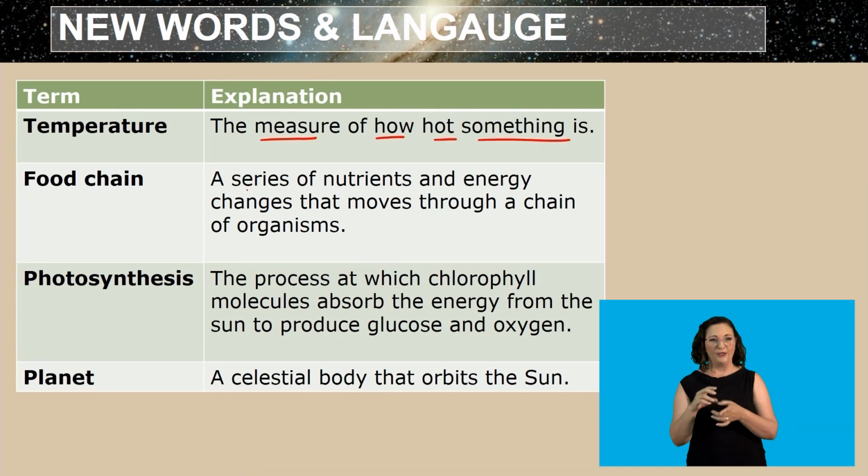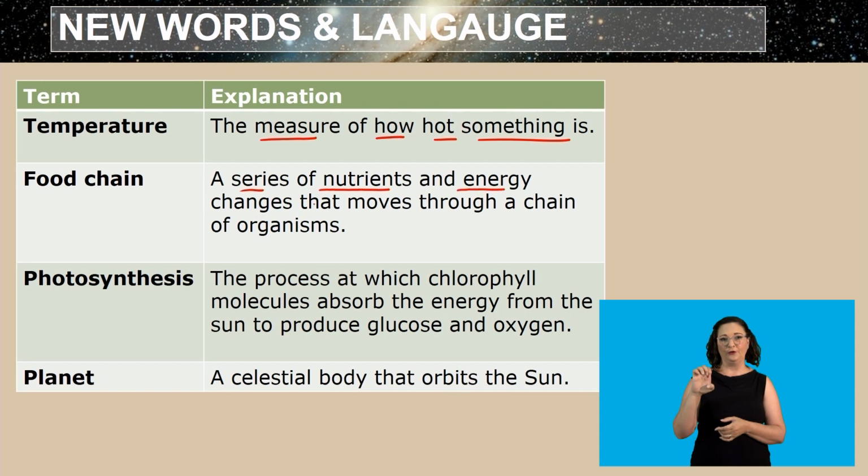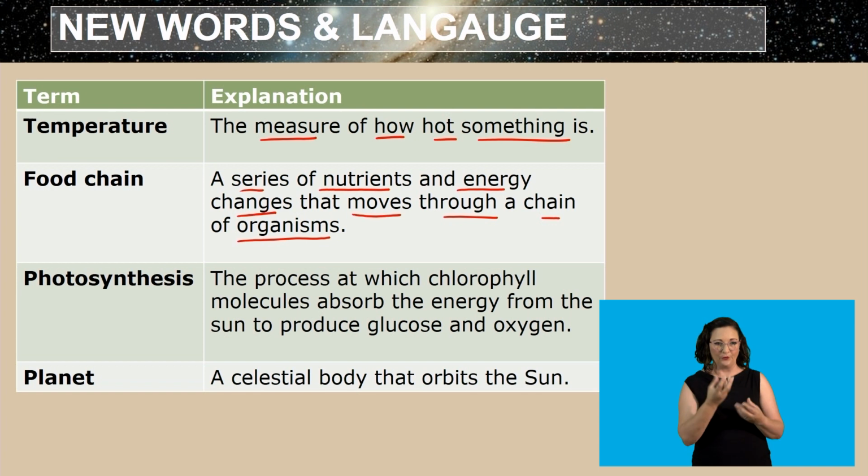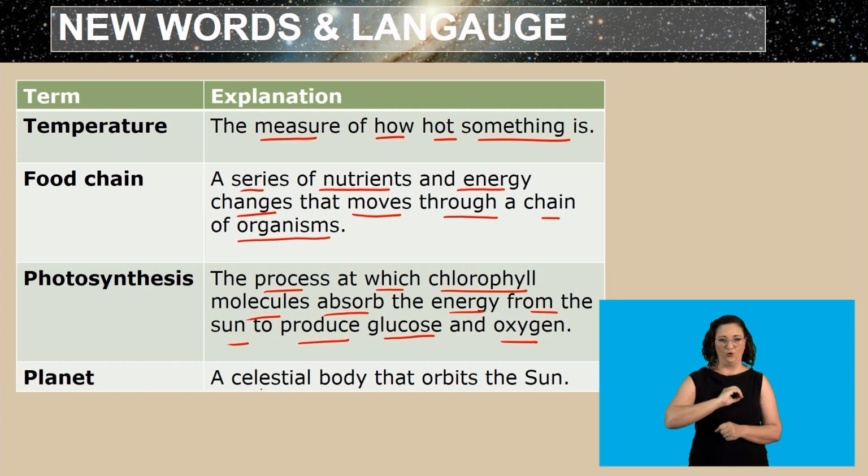Food chain, a series of nutrient and energy changes that moves through a chain of organisms. Photosynthesis, a process in which chlorophyll molecules absorb the energy from the sun to produce glucose and oxygen. Planet, a celestial body that orbits the sun.